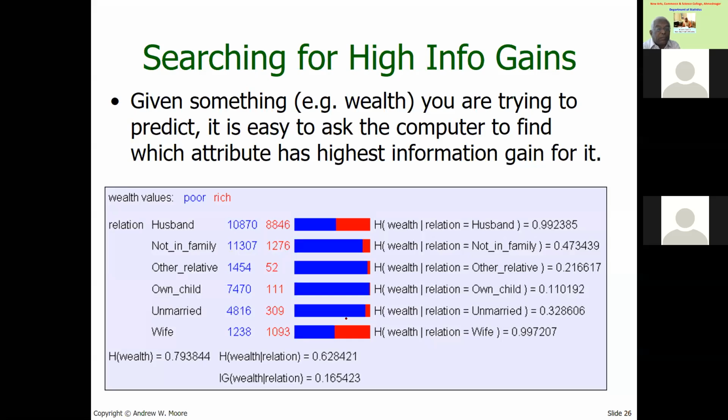H of wealth is equal to 0.79384. How does it come? It is the total of poor divided by total. That is wealth. It is like the percentage, the fraction, of poor people.